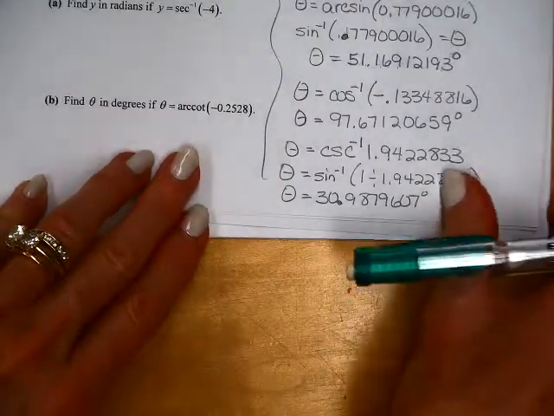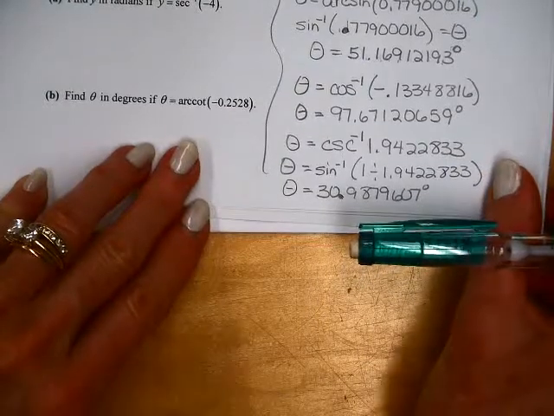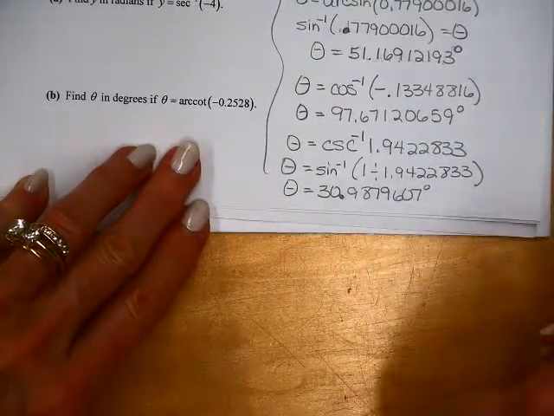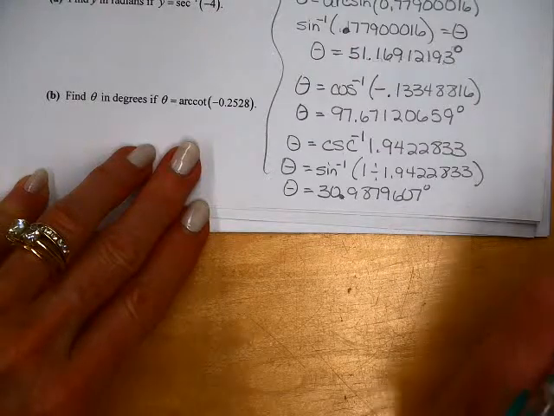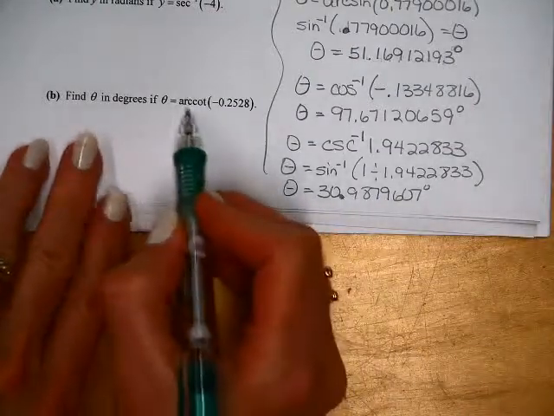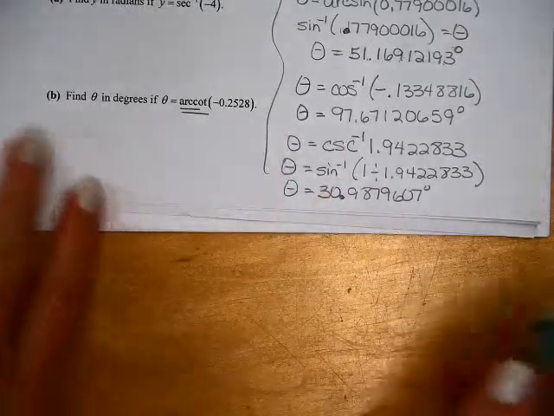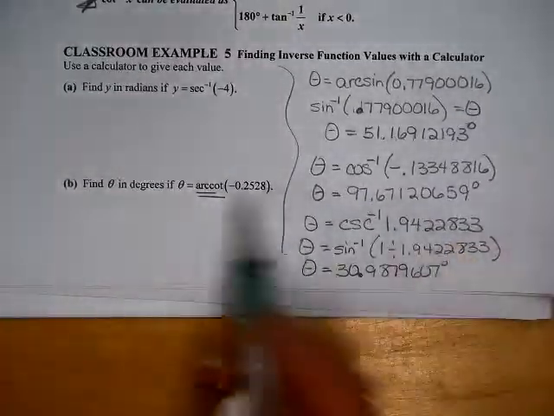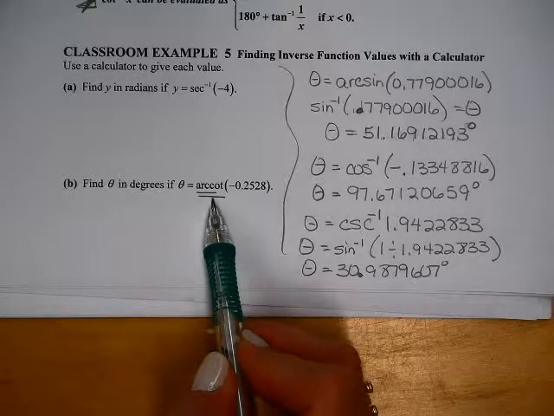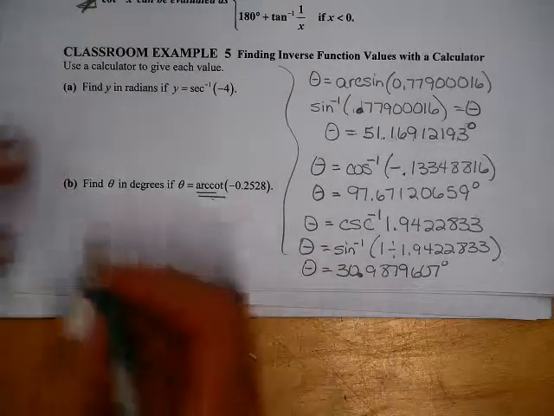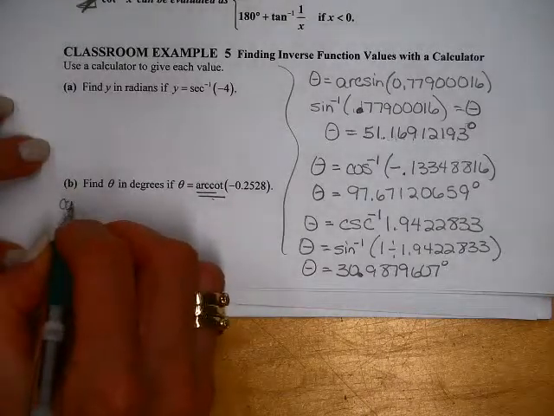Okay, y'all with me? Now, your calculator knows everything except this one. If you are doing an arc cotangent, what you need to remember is that you can never get a negative angle for an arc cotangent. It can't have a negative angle answer.